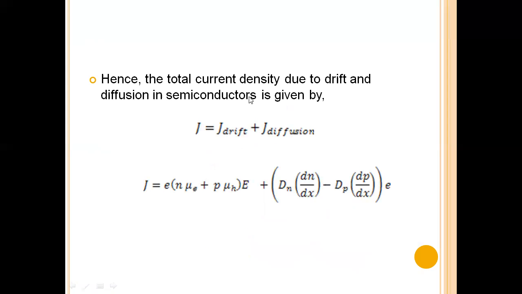Hence, current density due to the drift and diffusion currents in a semiconductor is given by the summation of both diffusion current density and drift current density. So, summation of J drift plus J diffusion, just substituting their expressions in the final one, this will give you the total current density in a semiconductor, which is due to both diffusion and drift currents in the semiconductor.